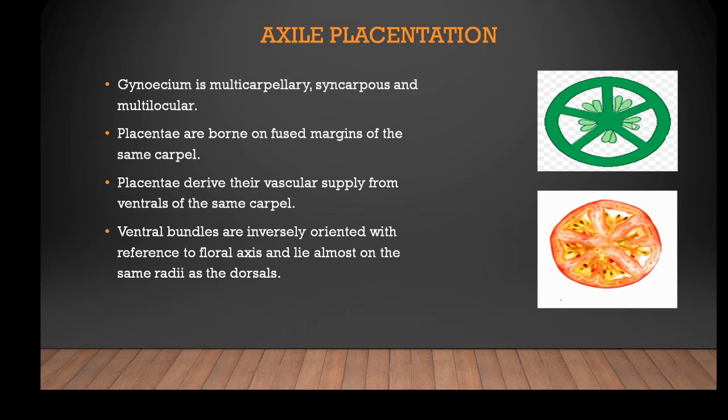Placentae derive their vascular supply from the ventrals of the same carpel. The ventral bundles are inversely oriented with reference to the floral axis and lie almost on the same radii as the dorsals. The term axile should be clearly distinguished from axial, which means the ovules are borne on the floral axis, which is not applied here.